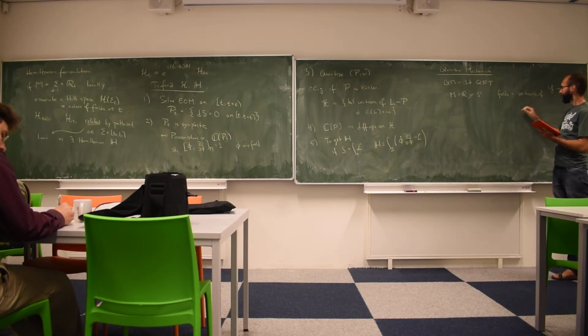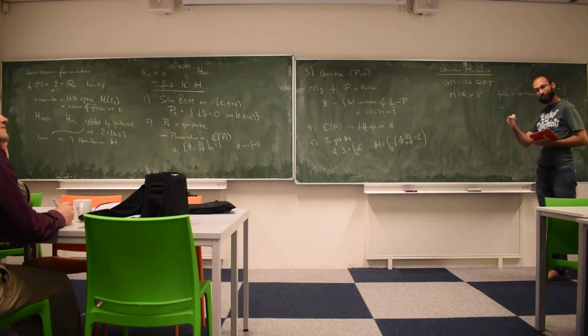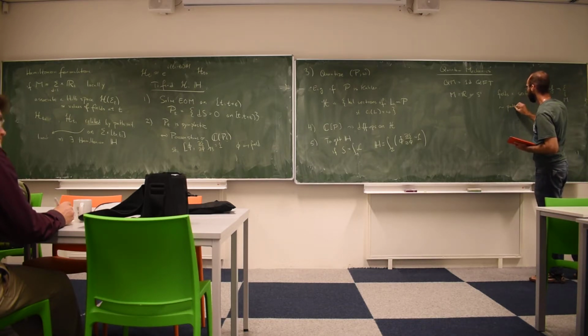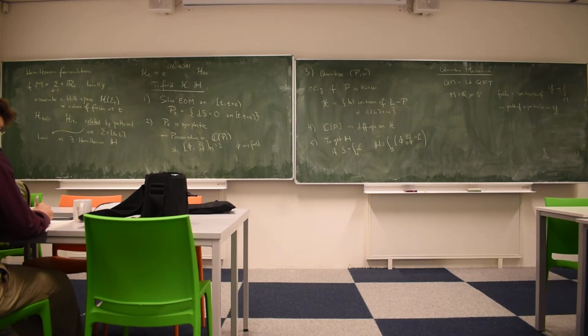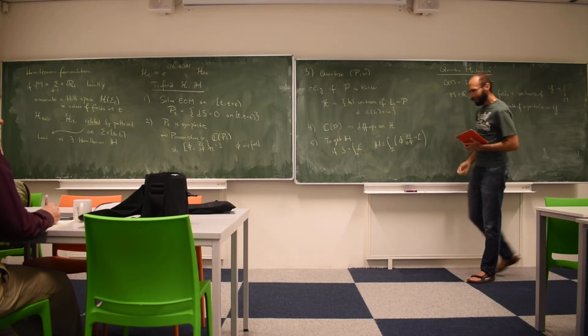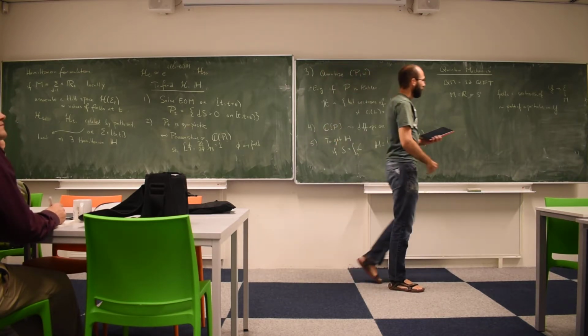I can think of a section of a Y bundle over M as locally just a map from M to Y. That's going to describe the path of a particle moving in Y. And that's why 1D quantum field theory looks like quantum mechanics, because its fields are lines of particles.